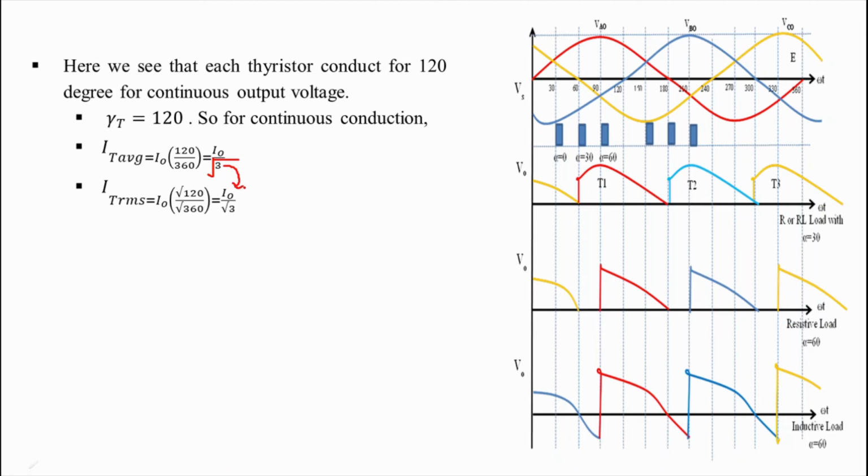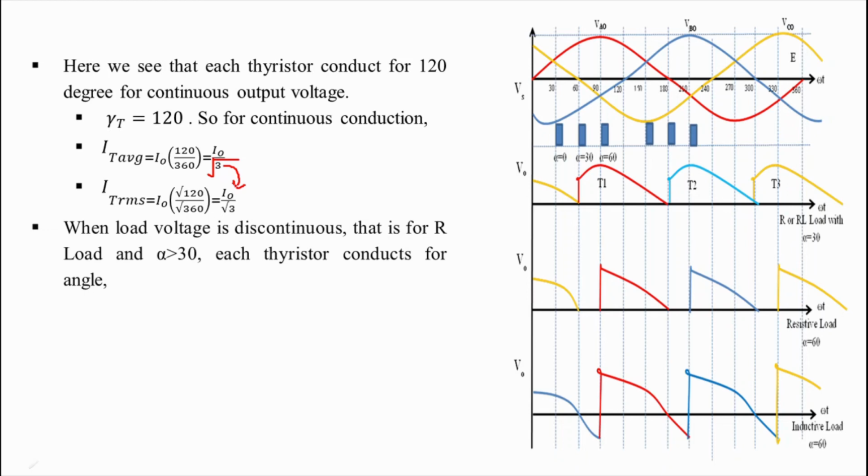Now when the load is discontinuous, this is R load and alpha greater than 30 degree, and see this waveform. Here alpha is equal to 60 degree, which is greater than 30 degree, and here the load is R type. We can see that T1 conducts from 30 plus alpha, it means 30 plus 60, that is equal to 90 degree, to 180 degree.